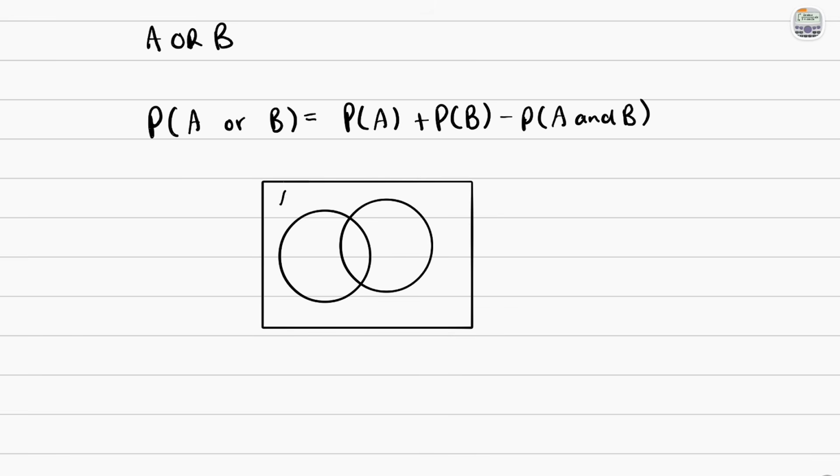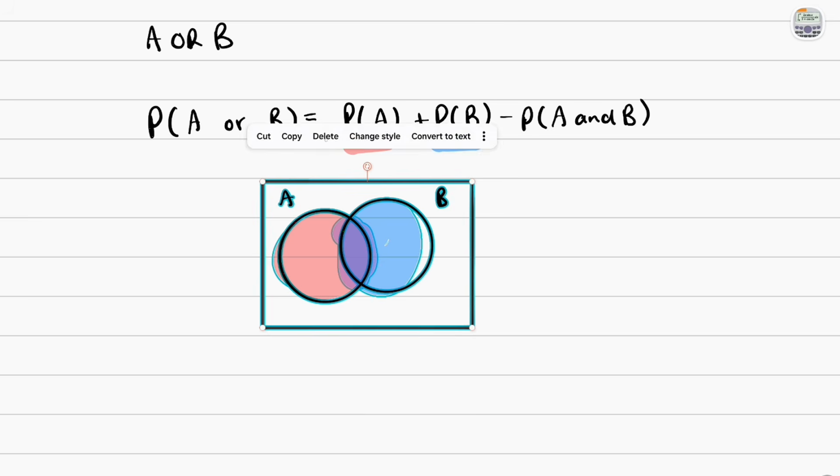We look at the probability of A and the probability of B, so we added the probability of A and then we're saying plus the probability of B. You see that we've already taken this entire circle, including the intersection, and then you're adding it to this entire circle, including the intersection again. And this is why we say minus the probability of A and B, so that we don't add that twice. So we remove it. And so that's where that formula comes from.